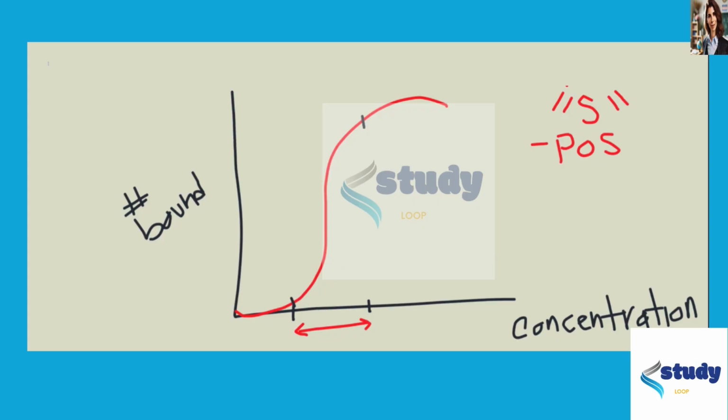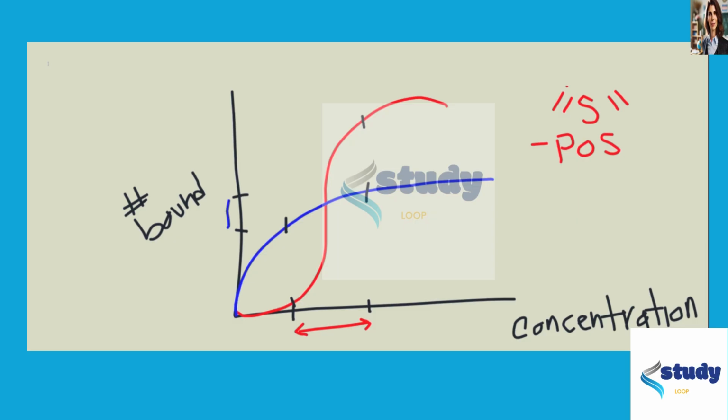Okay, and then part B wants us to take a look at negative cooperativity, right? The negative cooperativity is going to look a little bit more like this. Similarly, if we take the same gap distance that we used, you can see that the change in the number bound for the negative cooperativity is kind of small, right?